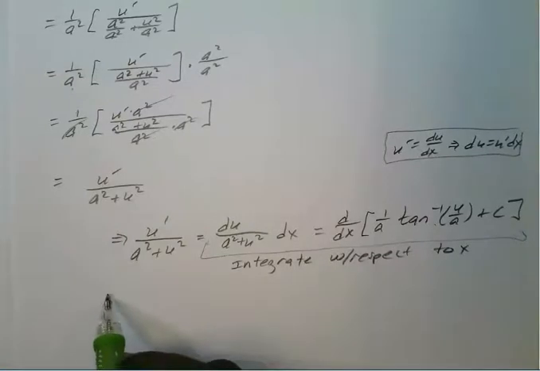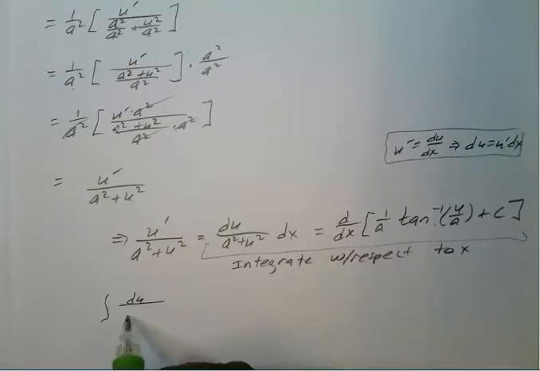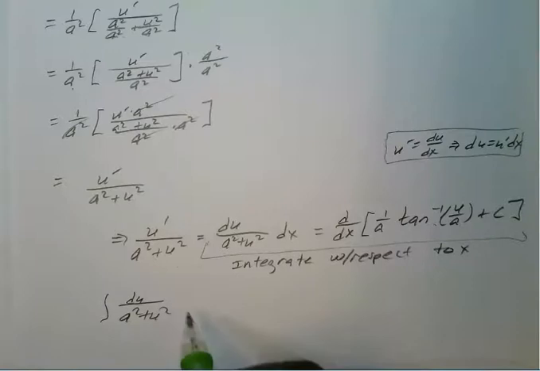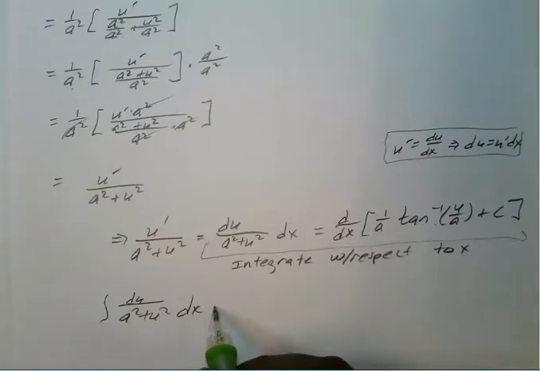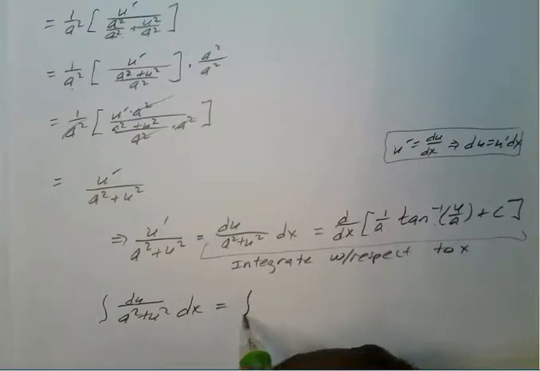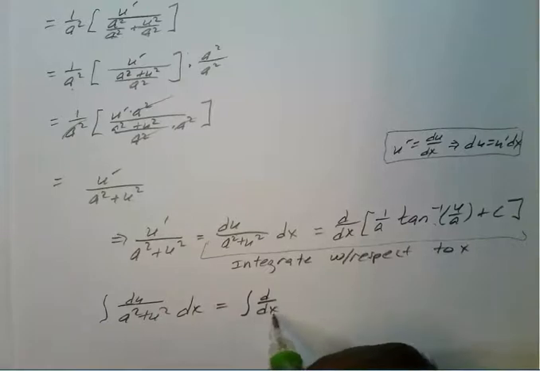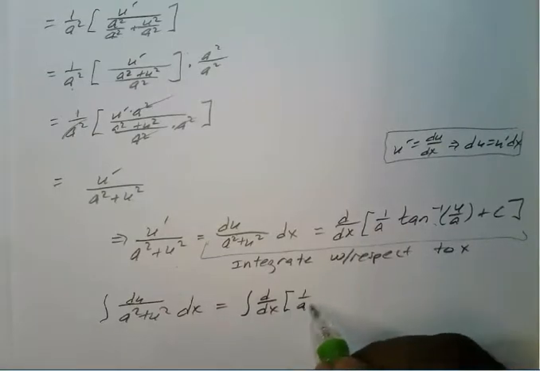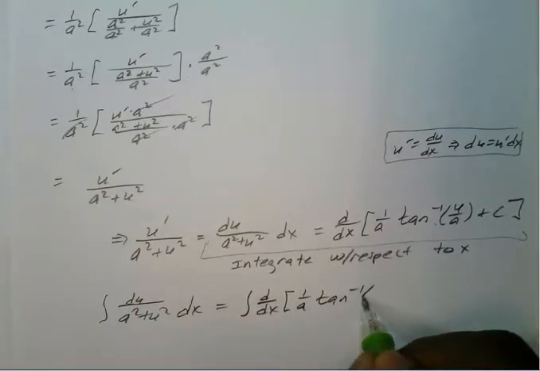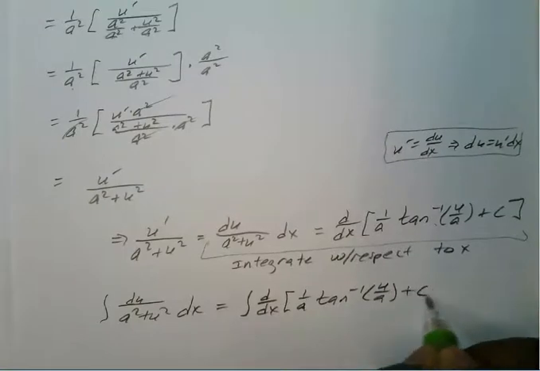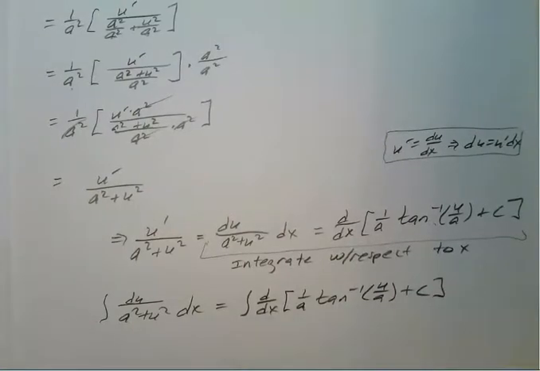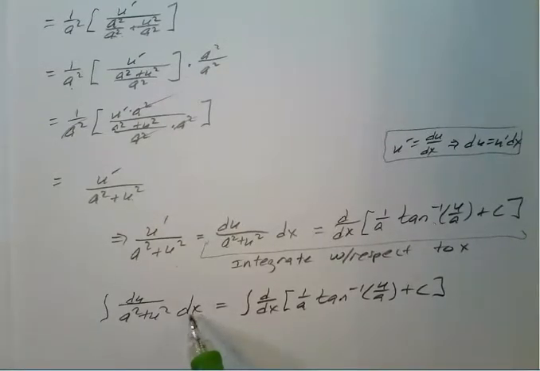Okay, so if we integrate du over a squared plus u squared with respect to x, and we integrate the derivative with respect to x of 1 over a tangent inverse of u over a plus c, the integral with respect to x and dx cancel each other out.